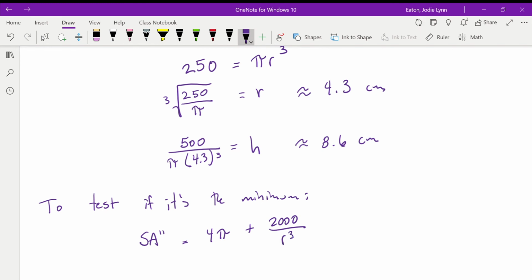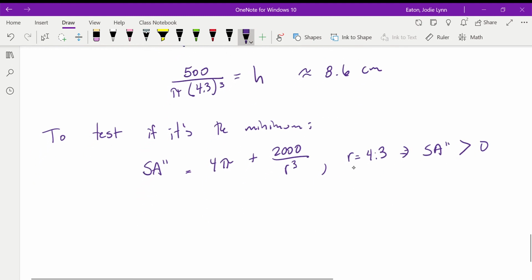So when r is 4.3, it is positive. Okay, r equals 4.3 gives us SA double prime is greater than 0. So this means we are concave up at r equals 4.3, which means we have a minimum.